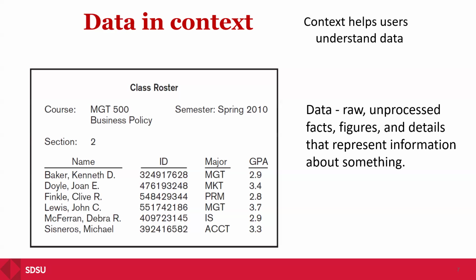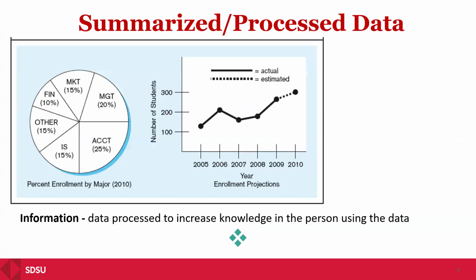What is the class average? We also don't know. How the class average changes from one semester to another? We also don't have this information. So even data in context is still raw, unprocessed data. While context helps us understand data, it is still raw.